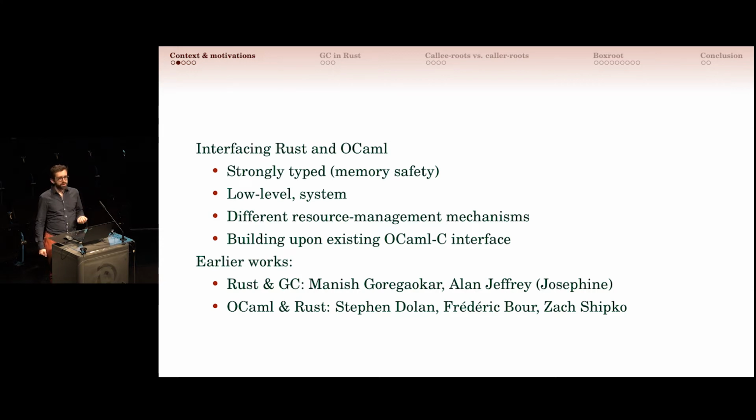Essentially, this amounts to adding a GC to Rust, and there were earlier works in this area, experiments by Manish Goregaokar and Alan Jeffrey, who implemented an interface for the JavaScript GC in Rust. On the side of OCaml, there were also experiments to improve the OCaml-Rust interface, the works of Stephen Dolan, Frédéric Bour. I'll talk about it later.